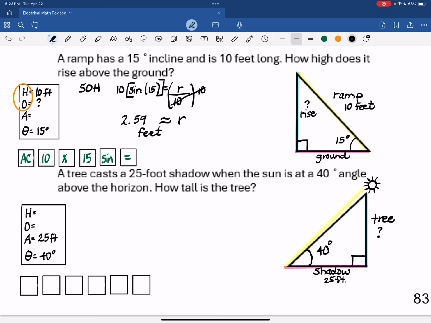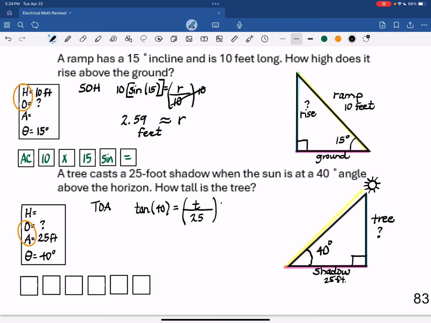And opposite is what we don't know. So we are looking for the ratio that groups O and A. We want TOA. Tangent of 40 is equal to opposite, that's our tree, over adjacent, which is 25.